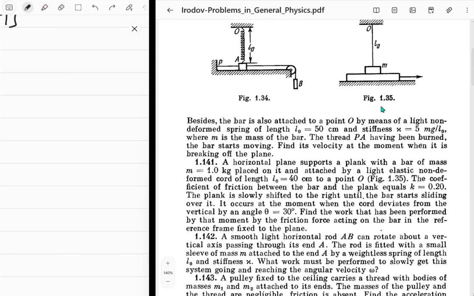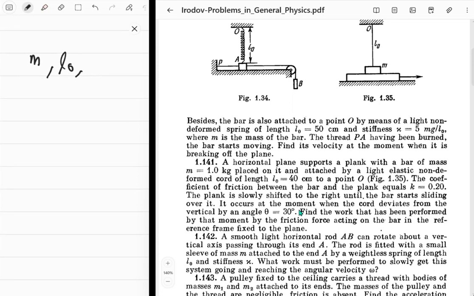Because if we don't know what this force is, this is not doable. So what quantities do we know? We know the mass of this bar. We know the length of the cord. The coefficient of friction, okay, we know that. So basically they give us what mu should be.